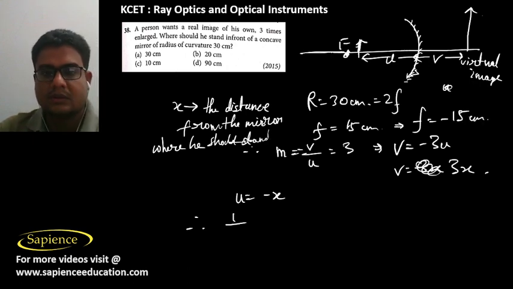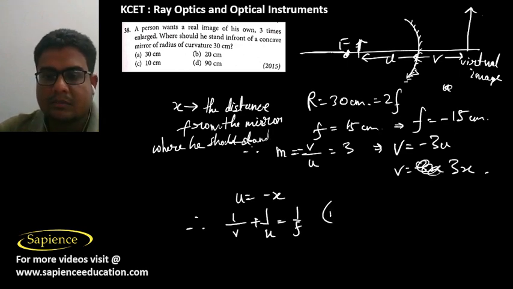So therefore I can say that 1 by v plus 1 by u is equal to 1 by f, which is the mirror equation. So v is equal to 3x.